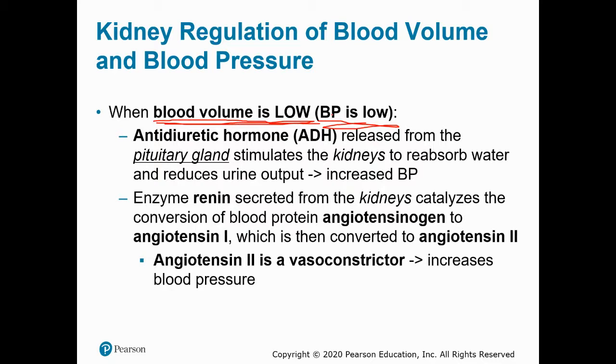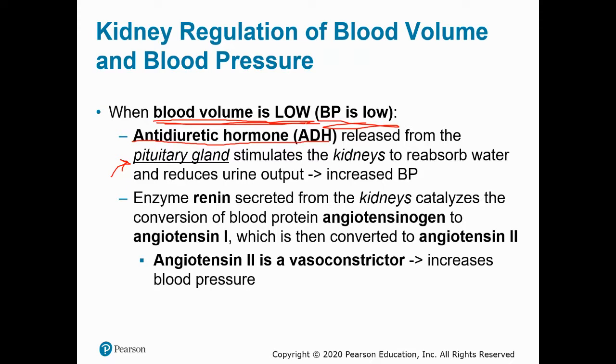So when we have low blood volume, several things are going to happen. One of the things that's going to happen is that the pituitary gland up in our brain is going to sense this low blood volume and release something called antidiuretic hormone.